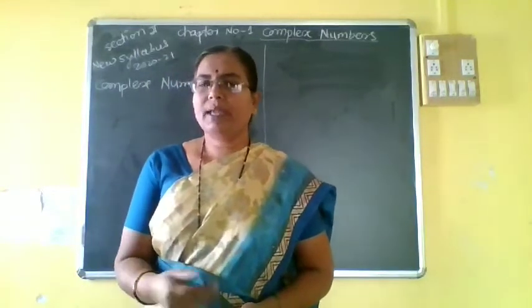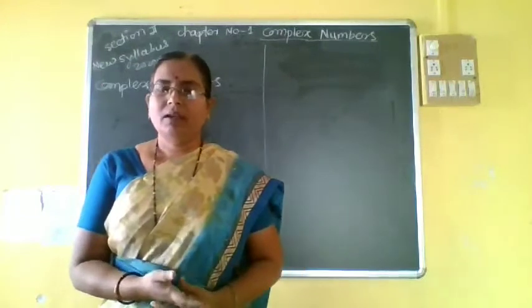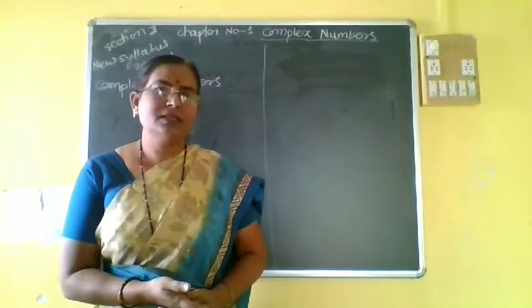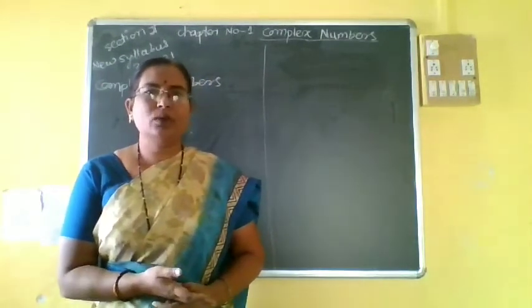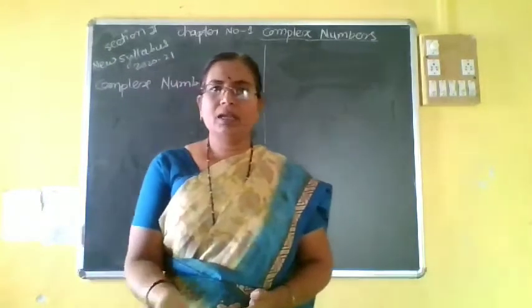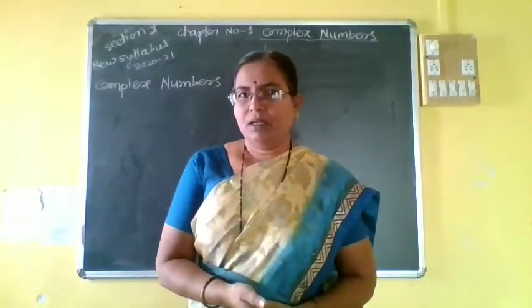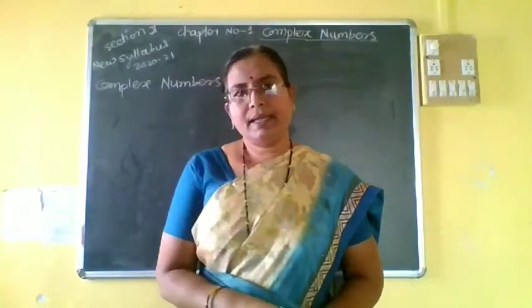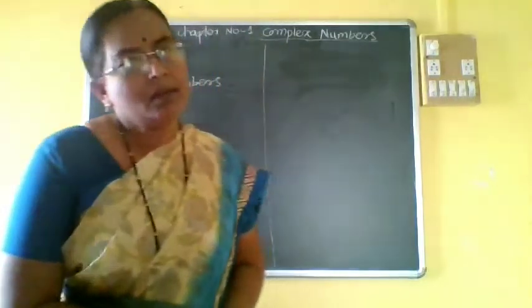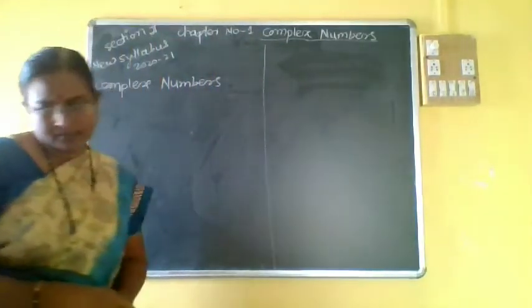How to express the result when we multiply or add two complex numbers as a single complex number? Let us take one example first for the multiplication of complex numbers.